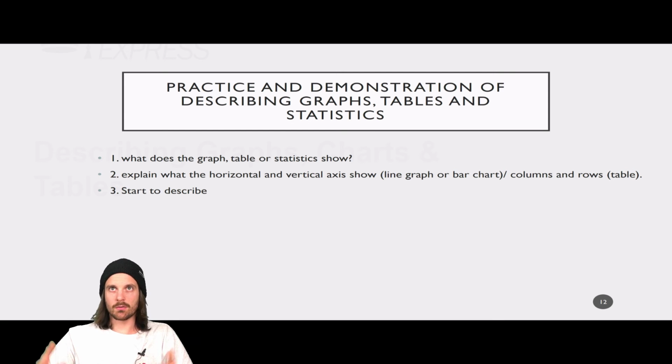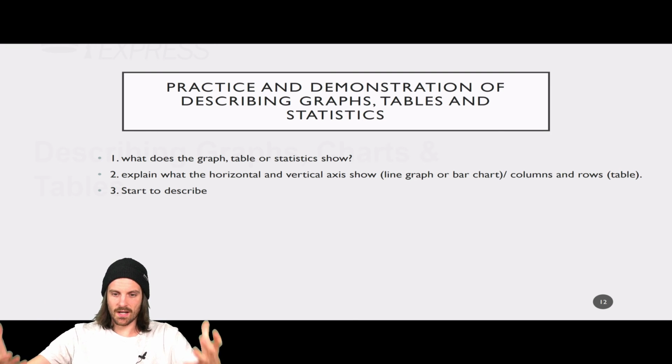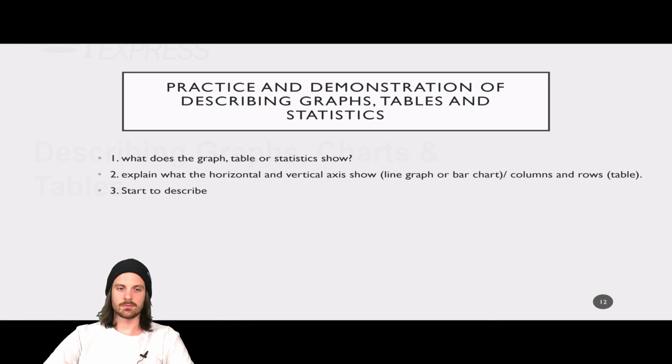You also have columns and rows, as I've mentioned before, with tables. So state what the graph or chart or table includes, basically, and then start to describe with the help of these phrases.